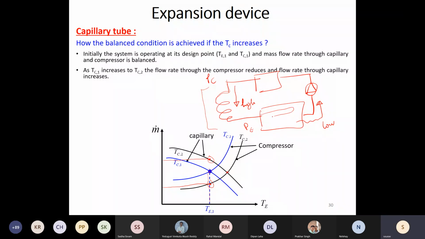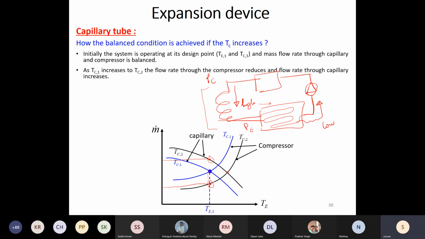Your tubes will start to get pressurized, because in is more than out. So your evaporator is getting flooded, the tubes will start to become pressurized. Hence the pressure will start to increase on the evaporator side. Let's say the pressure, and hence the temperature, increases to this value.